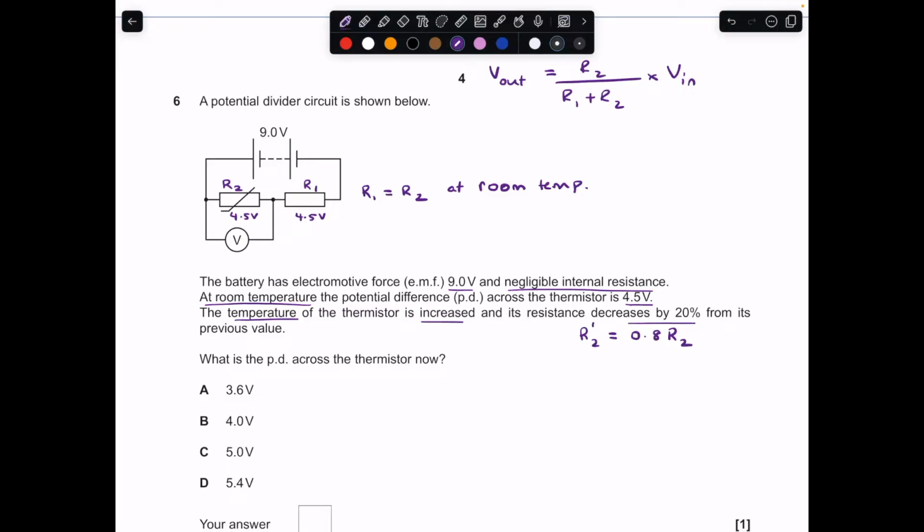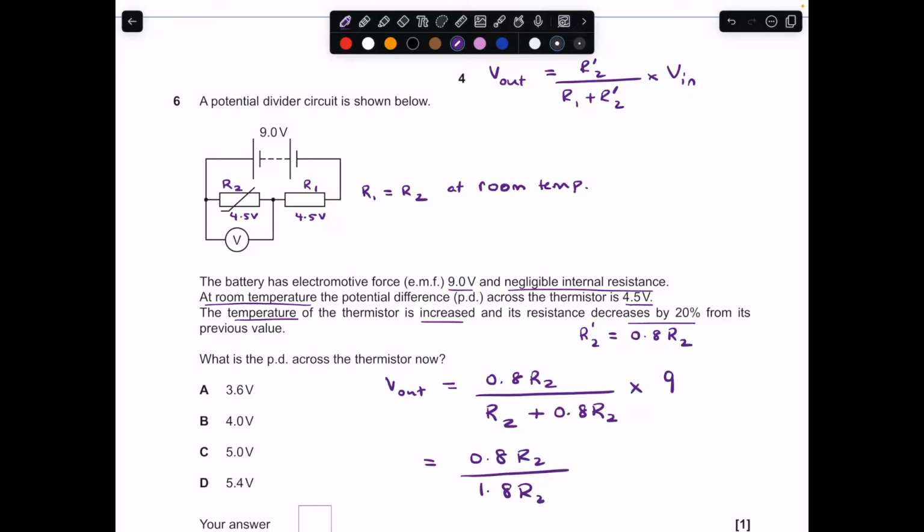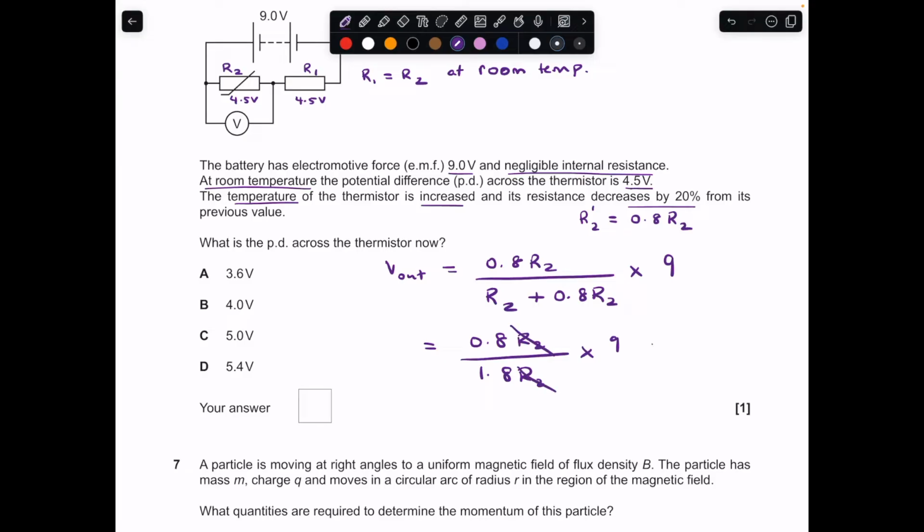V out is going to be 0.8 R2 over R1, which is the same as R2, plus R2 dash, which is 0.8 R2, and then times 9. That ends up cancelling the R2 out as we add them together, and that gives us 0.8 times 9 over 1.8, and the correct answer is therefore B.